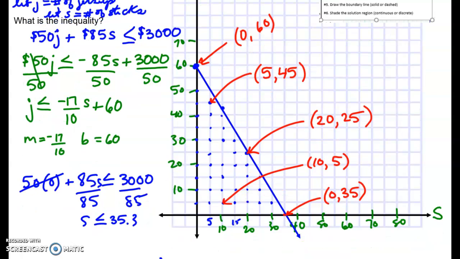So usually these type of word problems will ask you when you're done graphing, give 2 possible solutions. And so you will have to say 2 solutions here would be 20 sticks and 25 jerseys. Or any possible combination from inside the solution region.